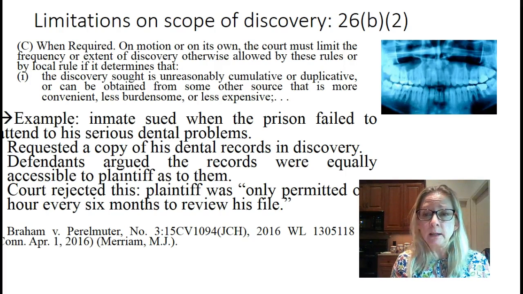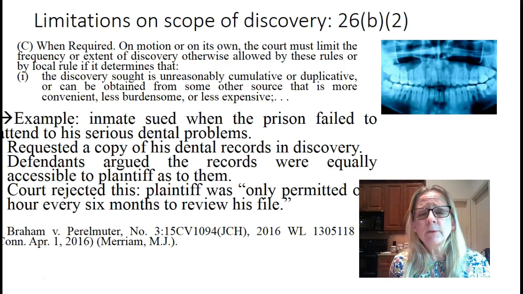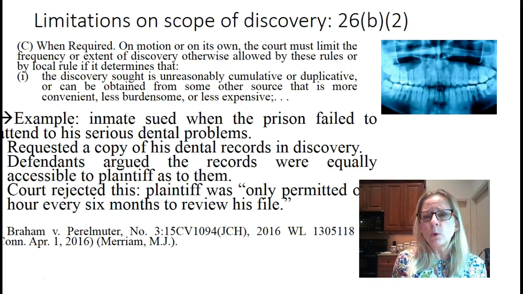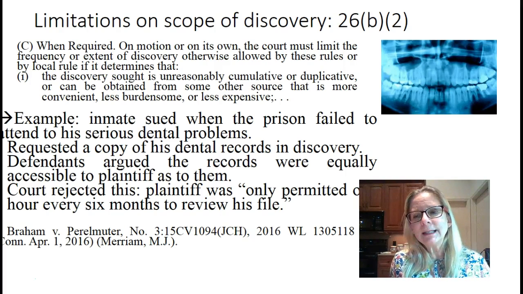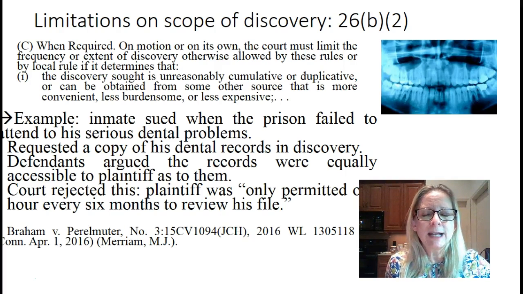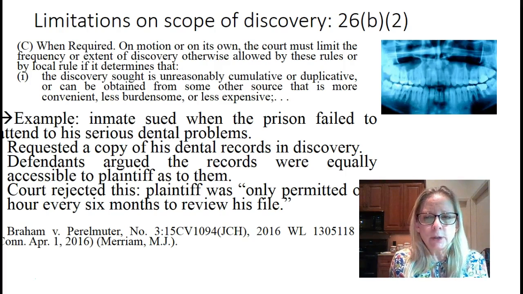Looking at this first one, the discovery sought is unreasonably cumulative or duplicative, or can be obtained from some other source that is more convenient, less burdensome, or less expensive. Parties try this one a lot, or also when students are first trying out objections to discovery requests, a lot of times they will suggest to the plaintiff, well, you could get this information from some government agency more easily than you could get it from us.